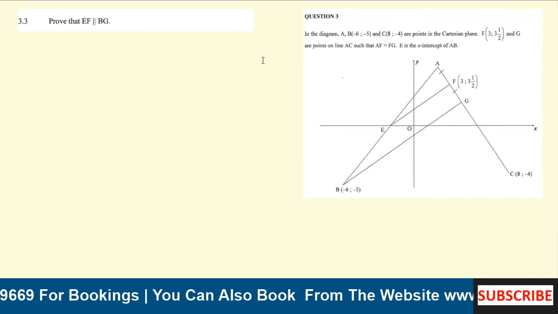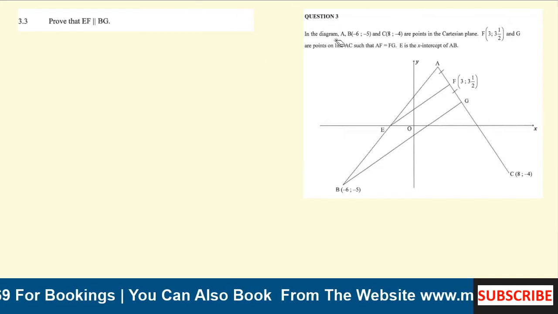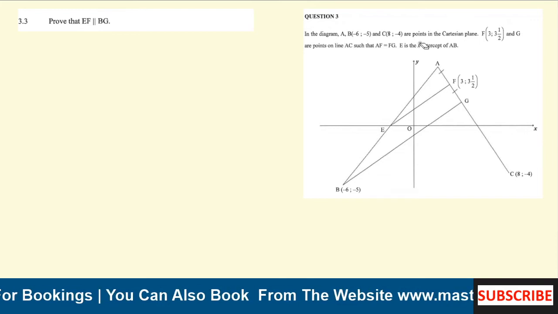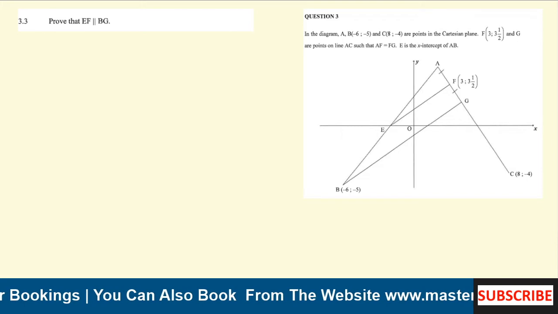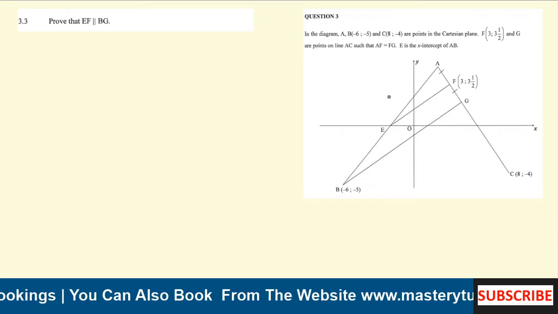So question 3.3, it says prove that line EF is parallel to line BG. So this is how we're going to do this, right? Firstly, we're going to find the midpoint of line AB.